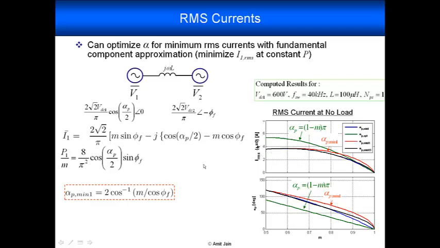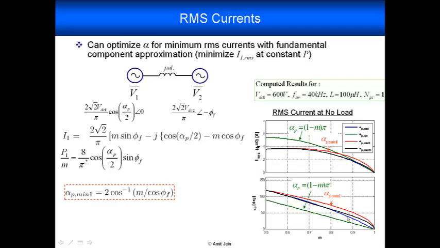If we include not just the first harmonic but also the third harmonic and minimize the RMS current including the third harmonic, realizing that we have power transfer again constant given by this equation, then we have this black curve. And if we do a numerical minimization for the RMS current, then we have the blue curve.